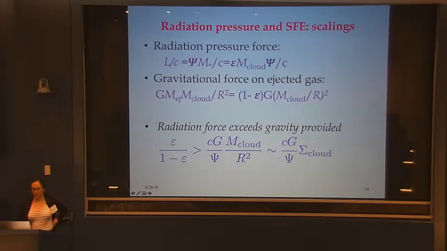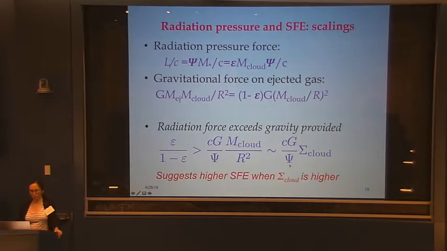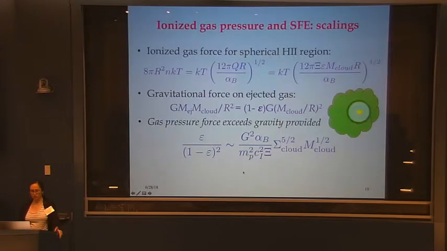It basically increases with the cloud surface density. And of course, if you have a higher luminosity to mass ratio, that can give you a lower star formation efficiency. That's kind of intuitive. But the takeaway here is that at high cloud surface densities, you'd expect higher star formation efficiency.